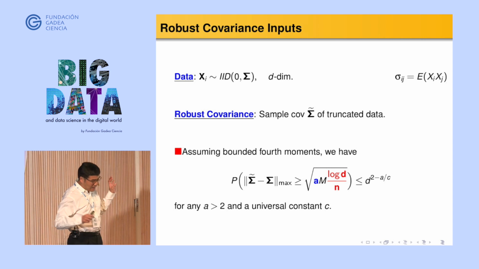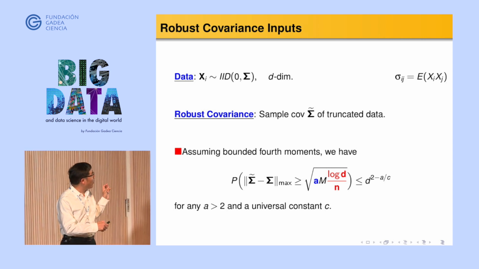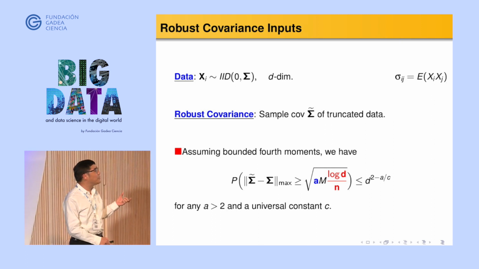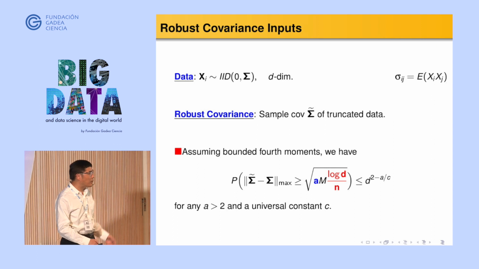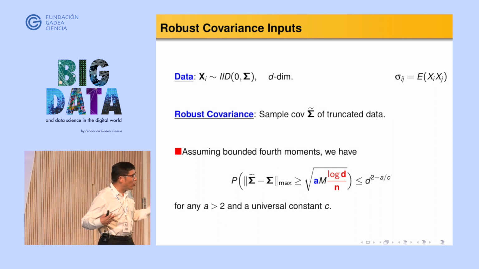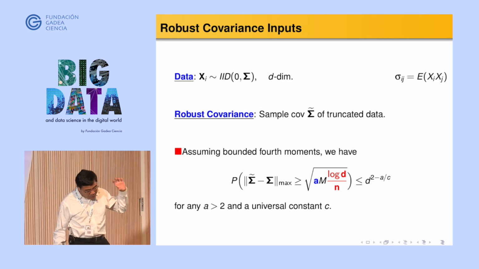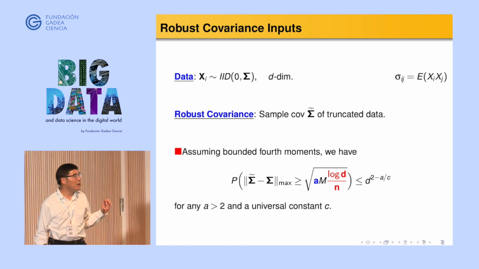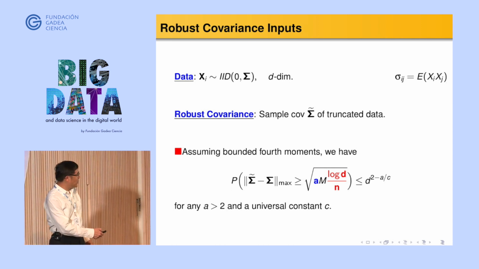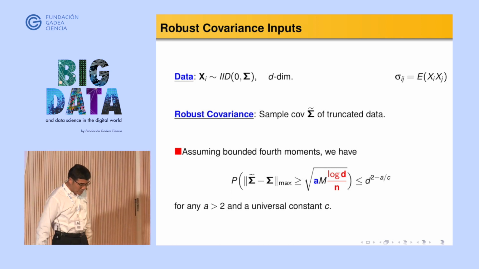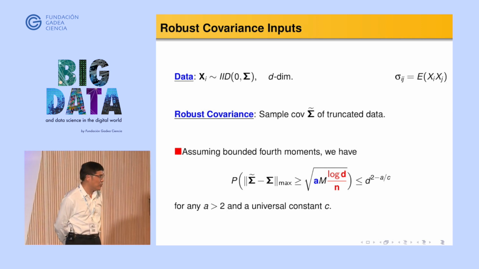You could easily see that these covariance entries, even though the data is not from a normal distribution, would behave pretty much like the sample covariance matrix for a normal distribution. So you only increase the logarithmic order of your dimensionality, right? Again, this is just by doing a very simple principle of truncation: just truncate your data at a high level, square root n times your standard deviation.